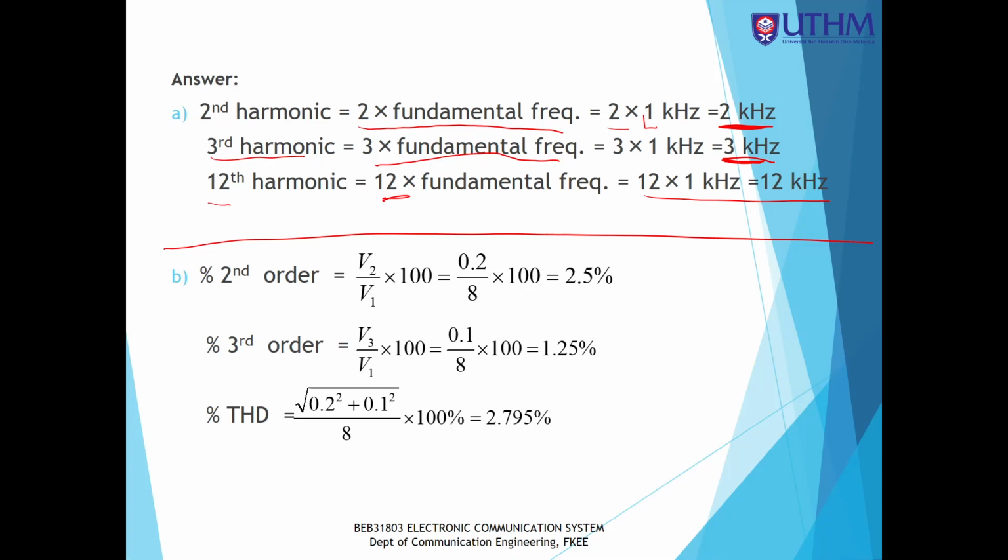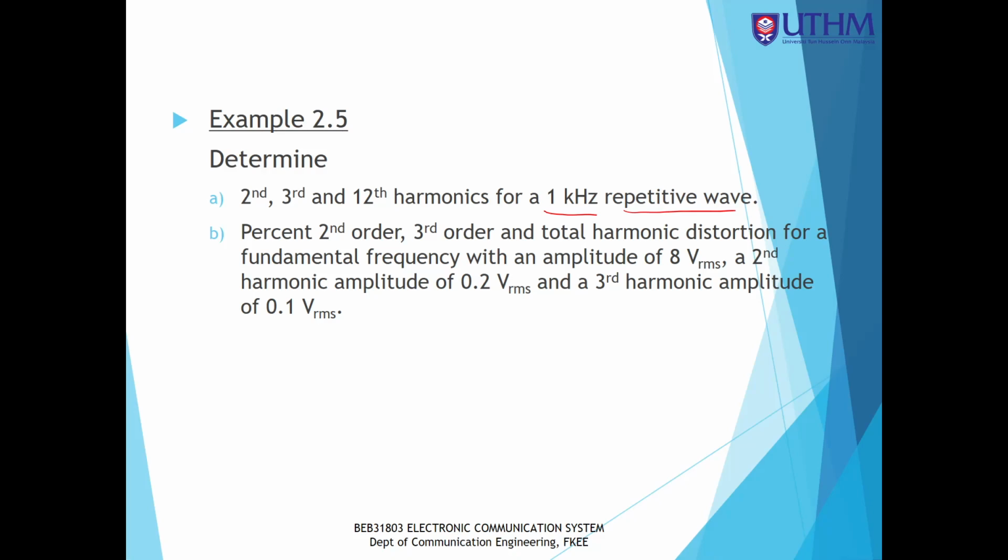Okay, the second question. Calculate the percent, dalam sebutan percent of second order, third order, and also the total harmonic distortion for a fundamental frequency with an amplitude of 8 volt RMS, and a second harmonic amplitude of 0.2 volt RMS.